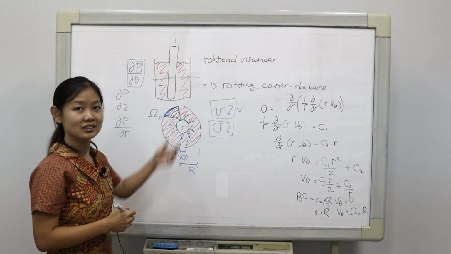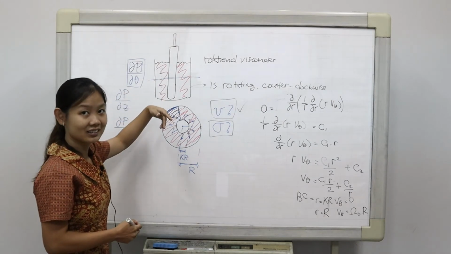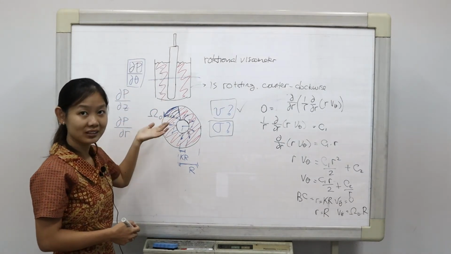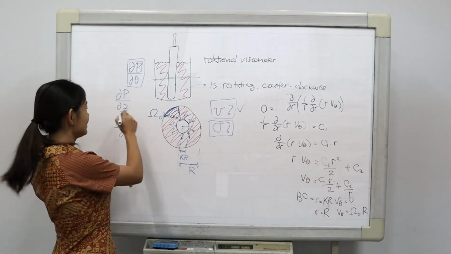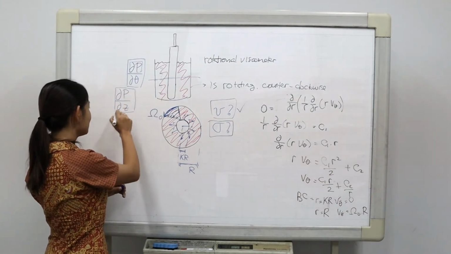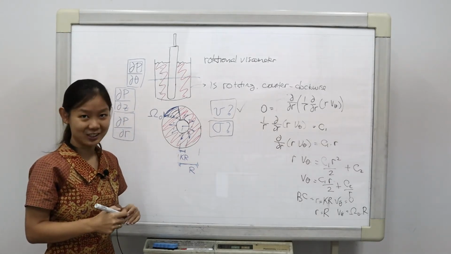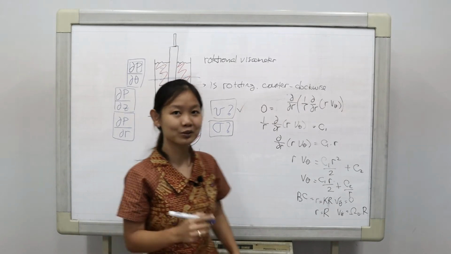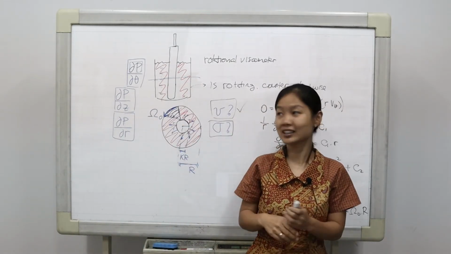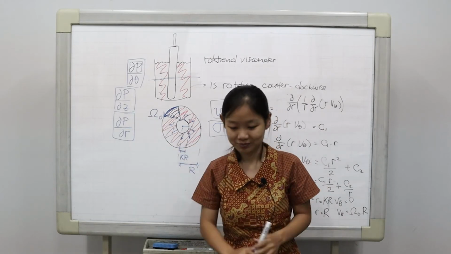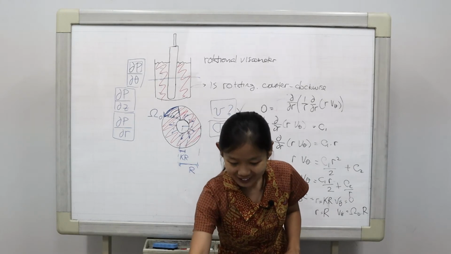When the fluid is rotating like this, actually the P is different. The P is changing. We will look at the change of pressure in the Z and R directions in the next case. So, if you may, just wait until the next case. Maybe I should continue.